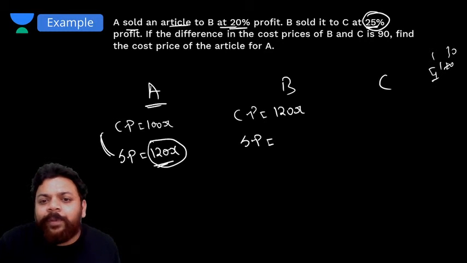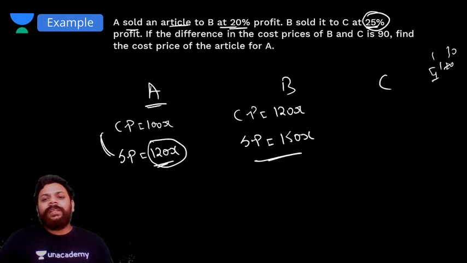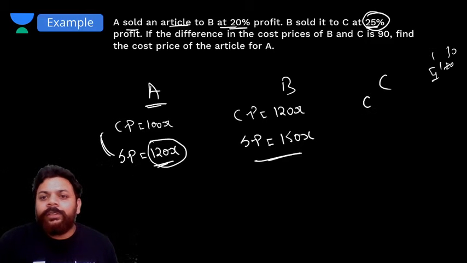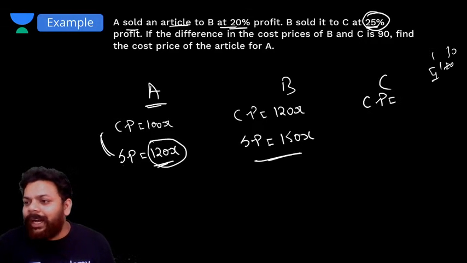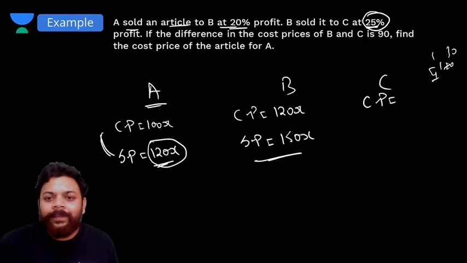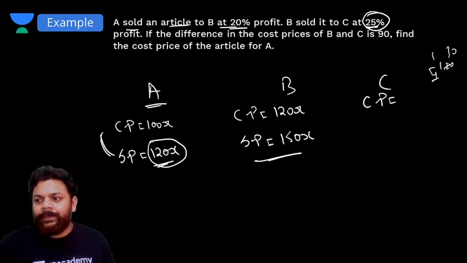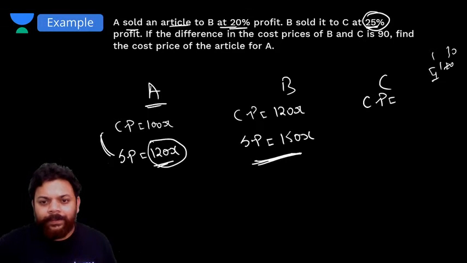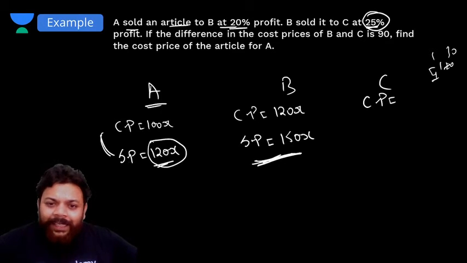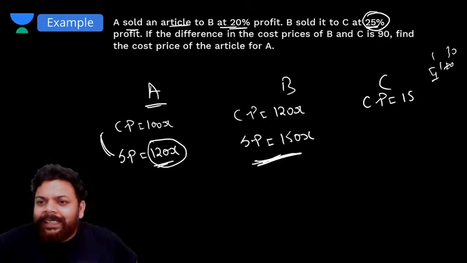So a 30x profit should show, so I can definitely say that this will be 150x. So the cost price of C is definitely going to be 150x.